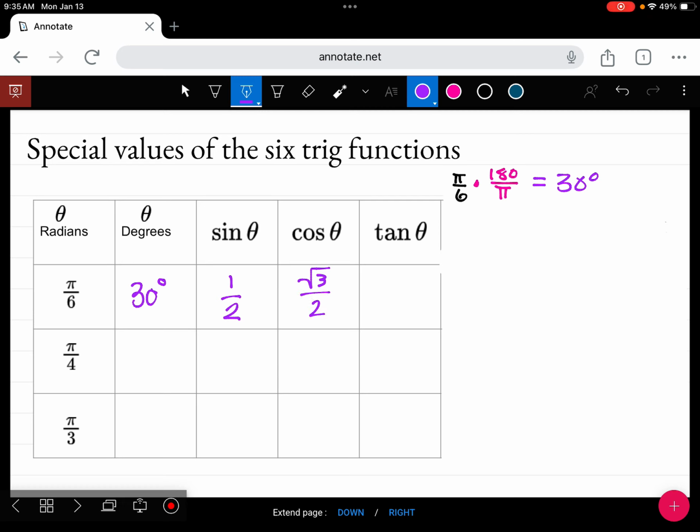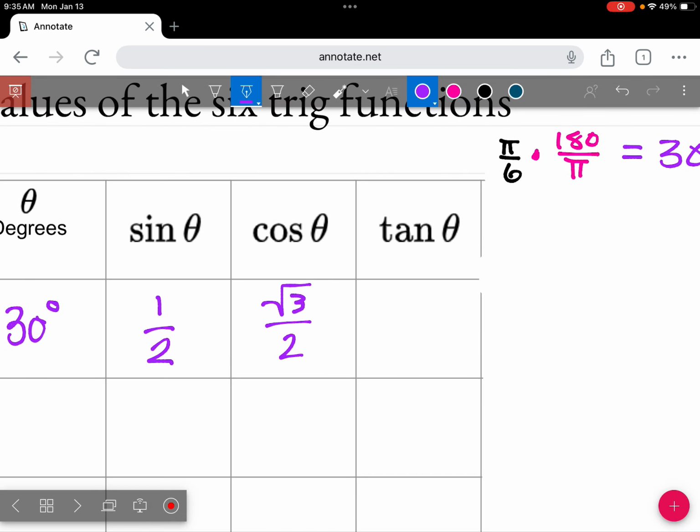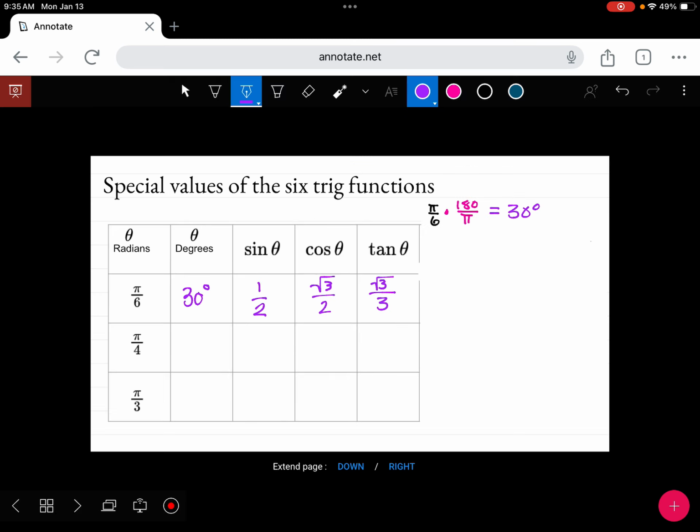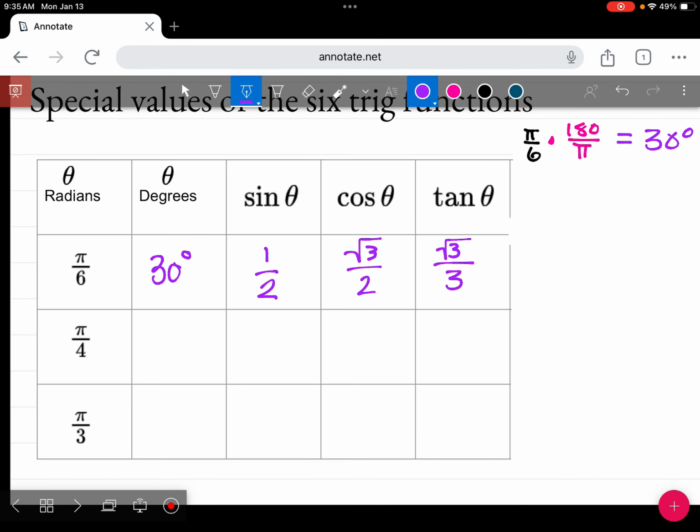Our tangent of 30 degrees? Square root of 3 over 3. So no matter what the length of the side is, we have all the information here we need to find this information. So let's do the same thing for our pi over 4.